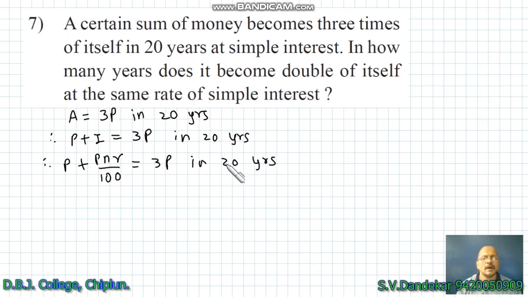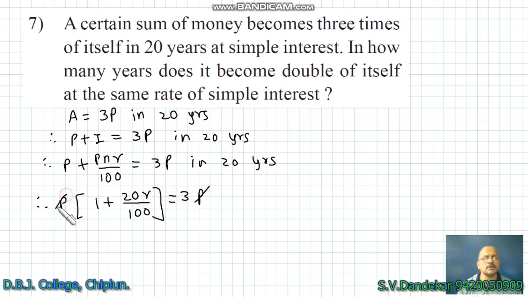Now I will write here n is equal to 20. Take P common, P into bracket 1 plus 20 into R upon 100 is equal to 3P.